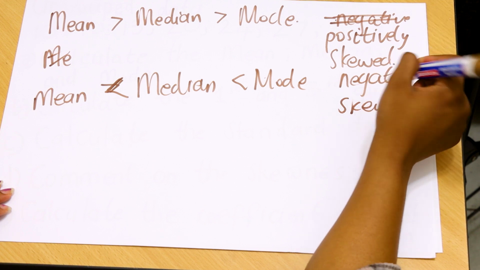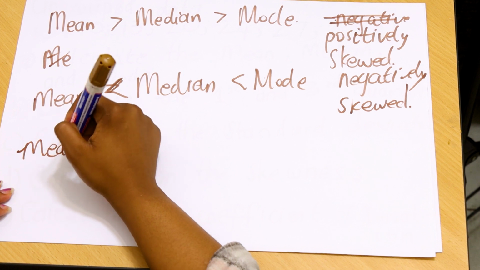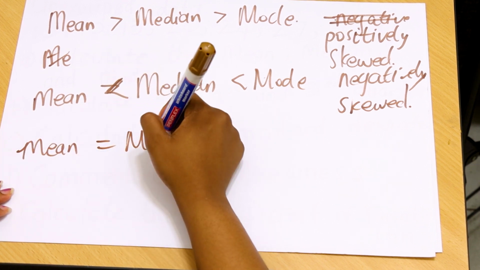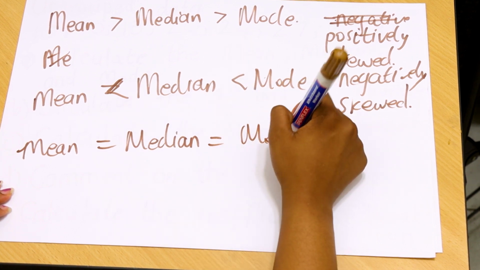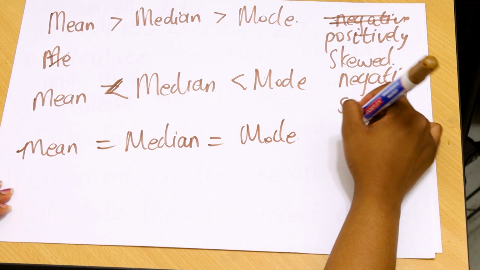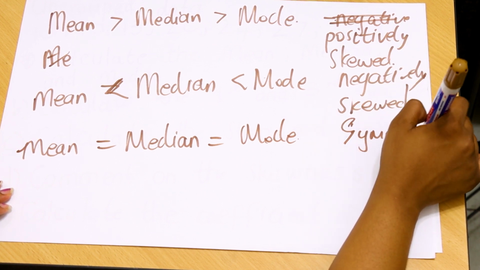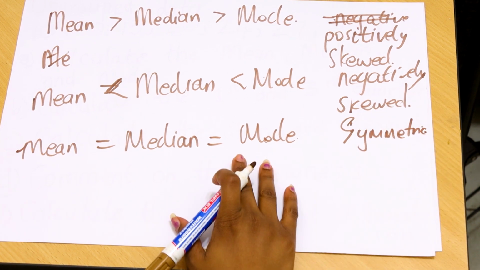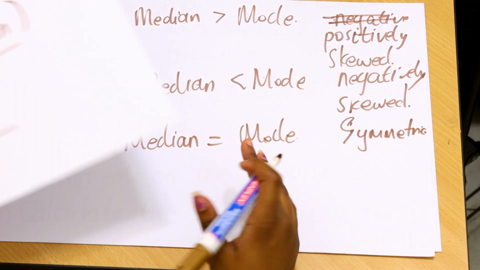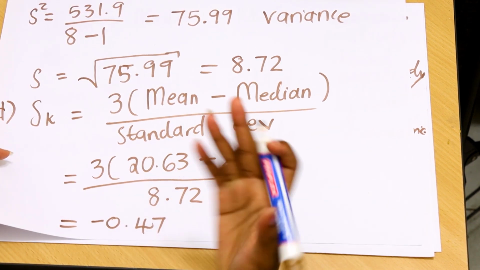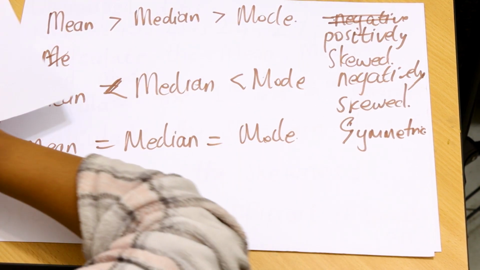Then the last case is when the mean is equal to the median is equal to the mode, in which you have symmetrical data. So before you could even calculate for skewness, you could already tell that your median is 22 and your mean is 20.63. So you're definitely going to have negatively skewed data.